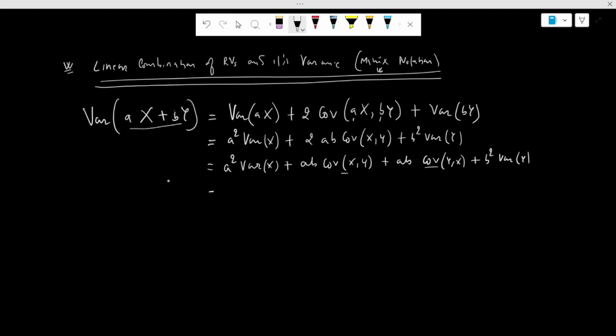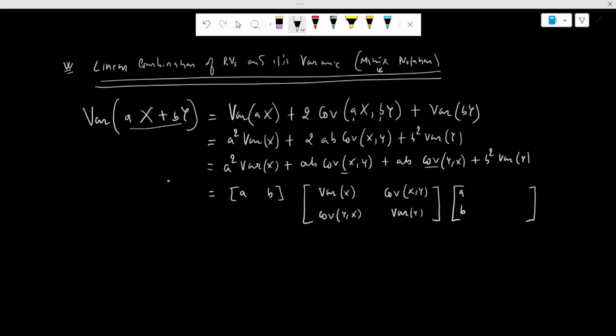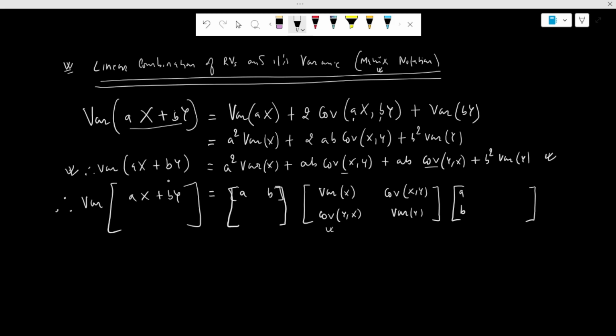If we arrange it in matrix notation: a, b, first of all the scales or the constants, then the variance covariance matrix of variables x and y, followed by a, b in vector form. This is the matrix representation of the above expression, and we have one linear combination of the variables x and y. So the general notation above we have represented in terms of matrix notation.